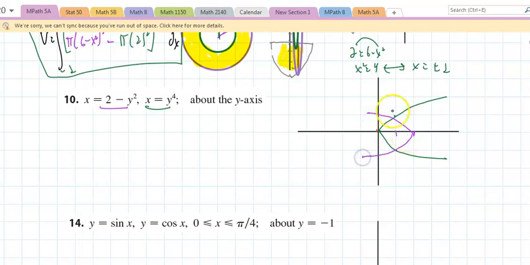So the region in question is actually this region. I'm going to rotate this about the y-axis. So this green part will get a piece like it right there, and the purple part will actually come out too and look like this. That would be the image of that.